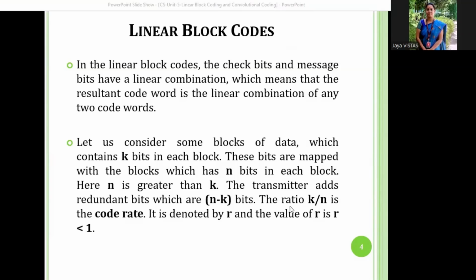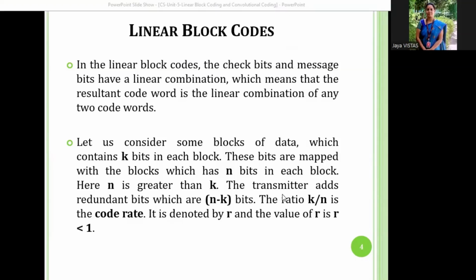Here we can consider blocks of data, because it is a block code. It contains k bits in each block, so k means the number of message bits. These bits are mapped into blocks of n bits each, so the total length of the block is n.